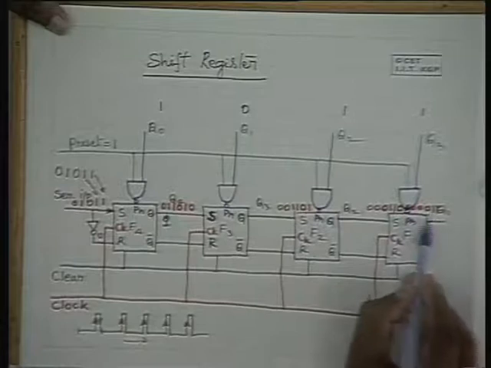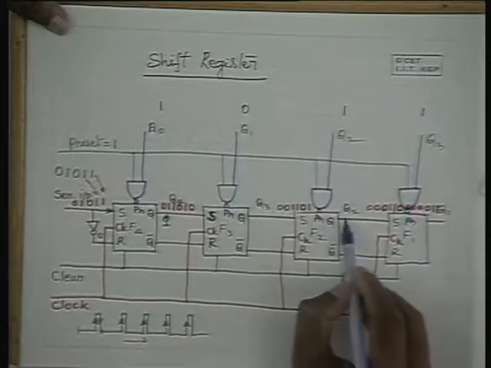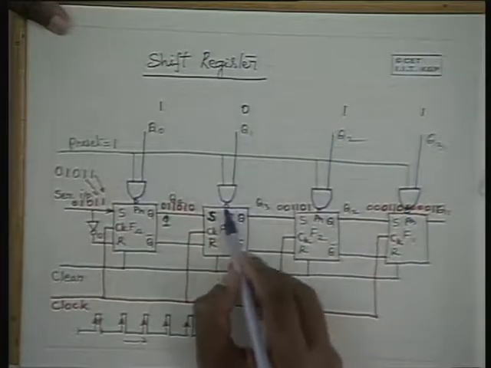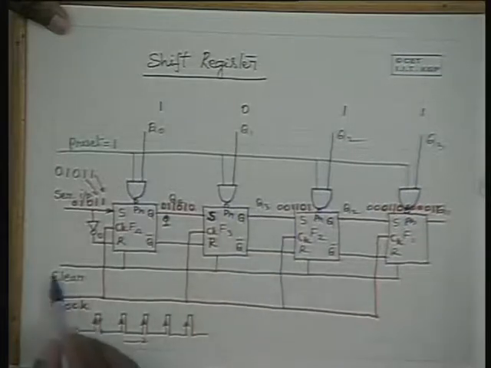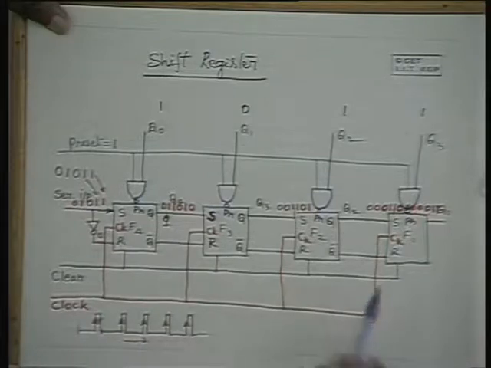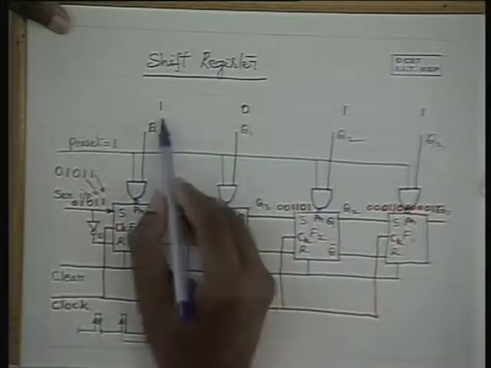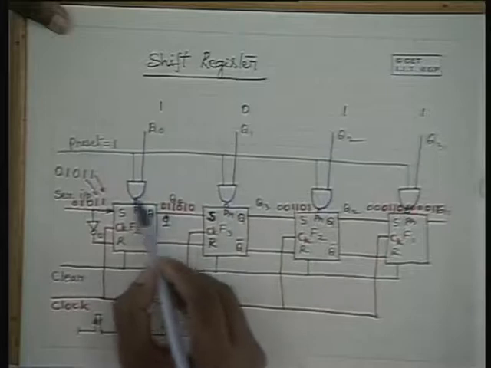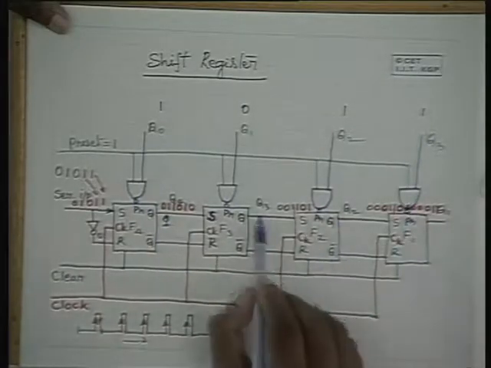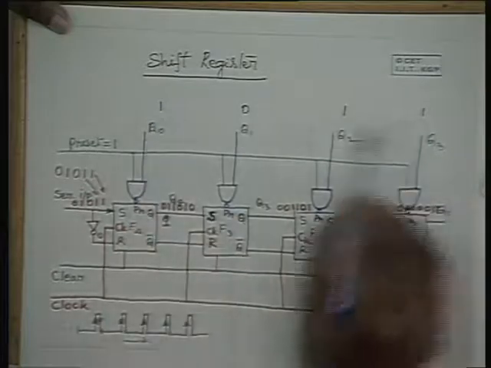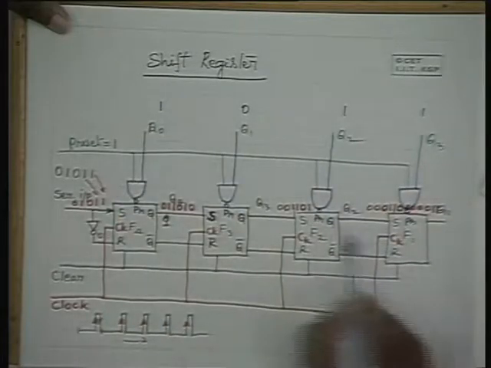So this one will become 1, this one will become 1, and when this is 0, this PR will be 1 and this will be a 0 itself if all were previously cleared. When this 1 is applied and preset is 1, this one will become a 1. Therefore, this data 1101 gets loaded to this place.